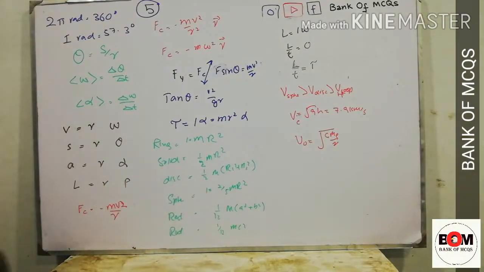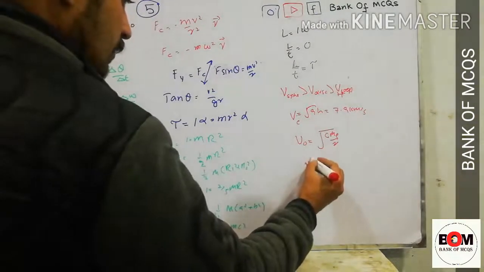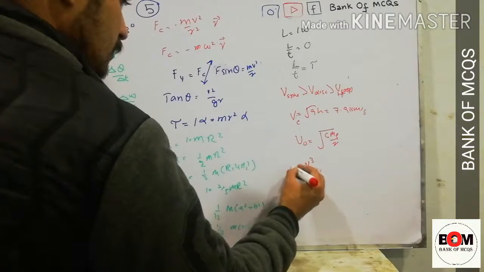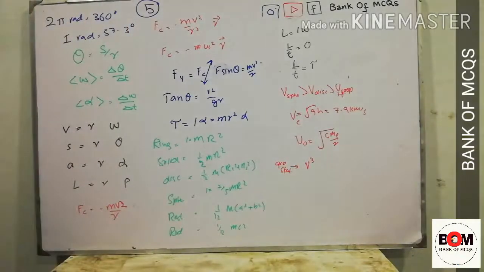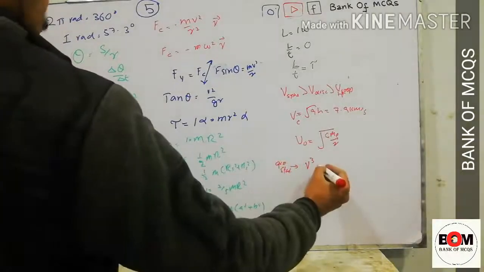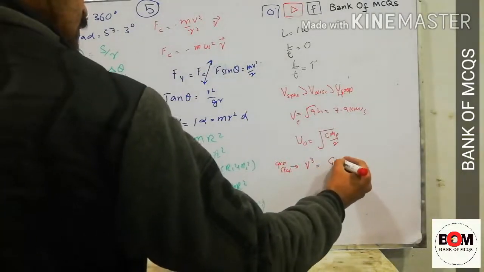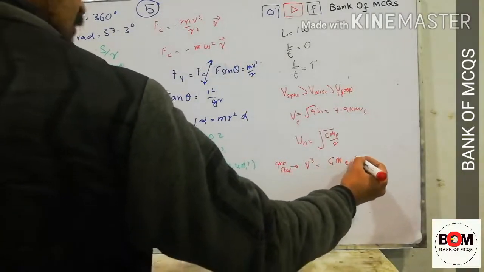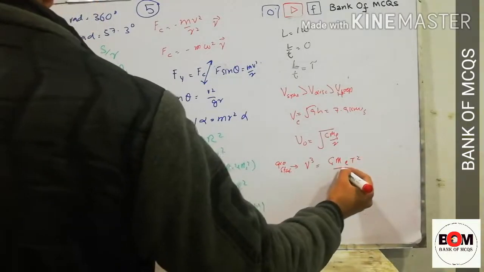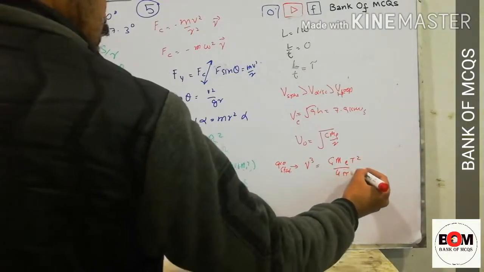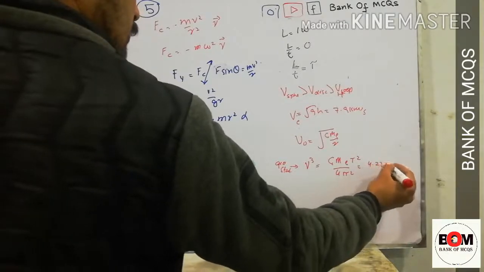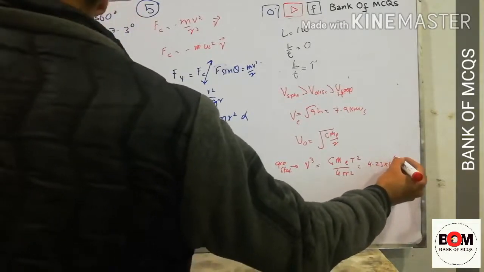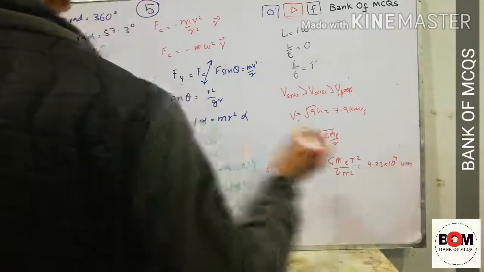We also derived the equation for geostationary satellite, that r cube is equal to G Me t square divided by 4 pi square, and this was 4.23 multiplied by 10 raised to 4 kilometer.